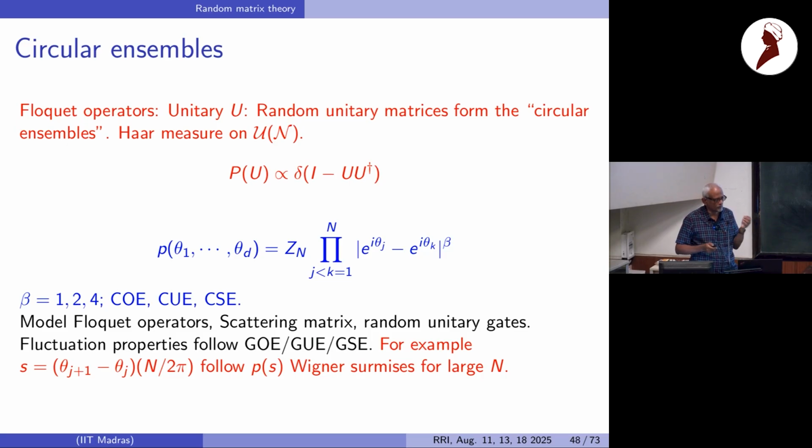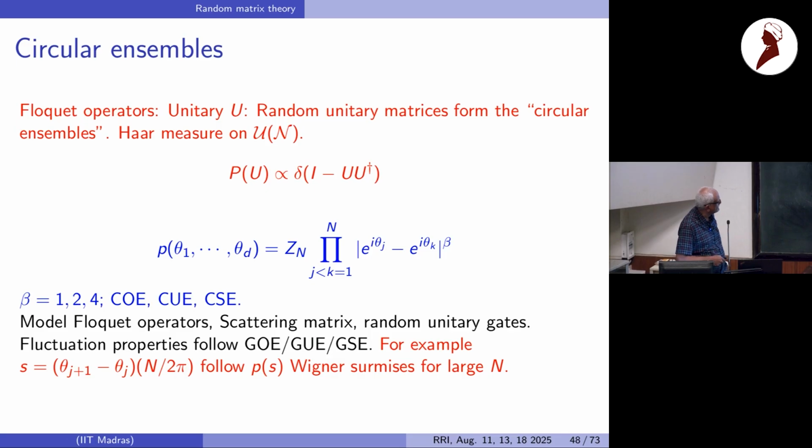And so that's called a Haar measure. So they model Floquet operators, scattering matrices, random unitary gates. People construct random circuits. They would pick gates randomly. They would all be coming from such ensembles.